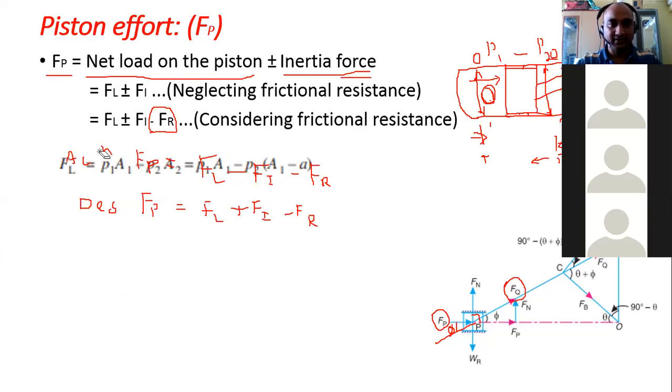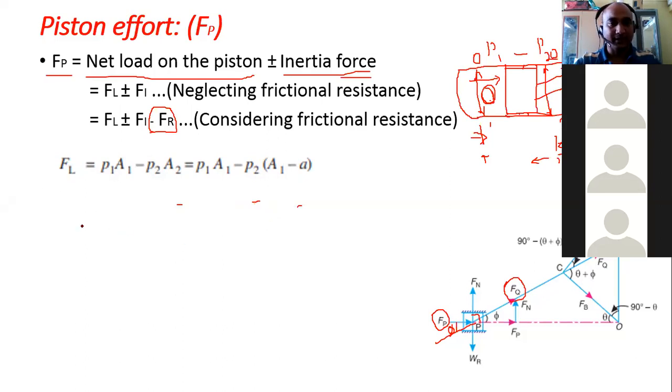We have already discussed this part, the pressure difference on both sides, that is the net load. Fl is equal to pressure on one side minus pressure on the second side.